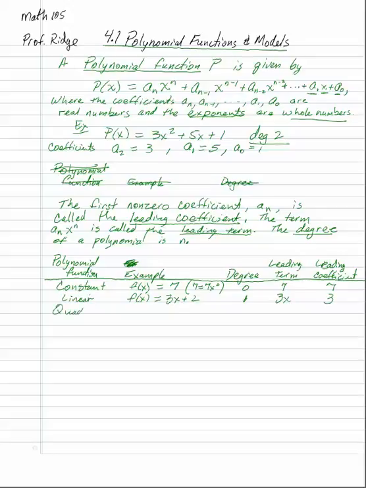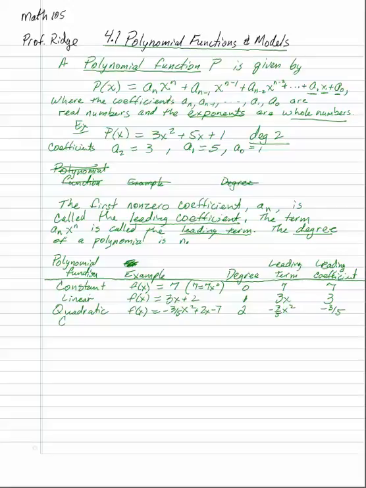Then a quadratic polynomial would be degree 2, so f of x equals negative 3/5 x squared plus 2x minus 7. Leading term is negative 3/5 x squared, and the leading coefficient would be negative 3/5.